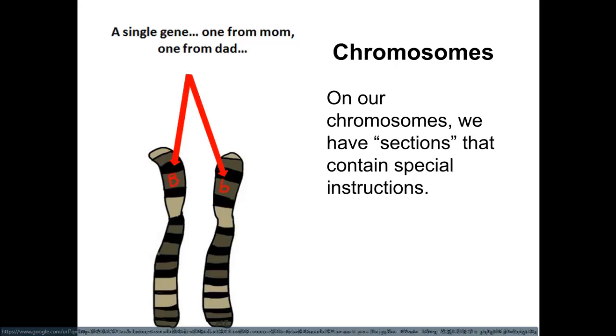You actually could have a recessive gene for freckles from one parent and a dominant gene for freckles from another parent. And so it's this combination of instructions found on our chromosomes, called genes, that actually helps us determine what we have. And so we have to have two in order for us to get at least our basic genetic information.